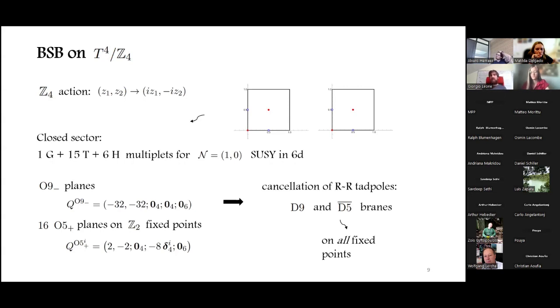So if for the Z2 case placing anti-D-branes over all the fixed points was a choice, and such freedom reflects the fact that we can connect this solution to the standard one in which all the anti-D-branes are placed on a single fixed point, for the T4 over Z4 vacuum, placing anti-D-branes over all the fixed points is mandatory.